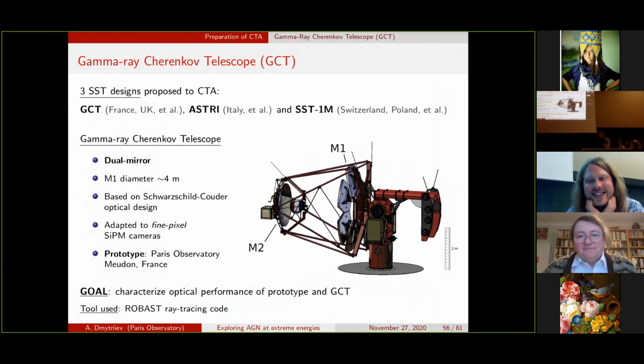Okay. So first of all, what's the normal, if you like, design for a Cherenkov telescope? What are the features of the Davis-Cotton optical design? Yeah, so up to now in Cherenkov astronomy, I think that was the only design used. For GCT, the mirror has a particular curvature, like a polynomial shape, which is not the case for Davis-Cotton.